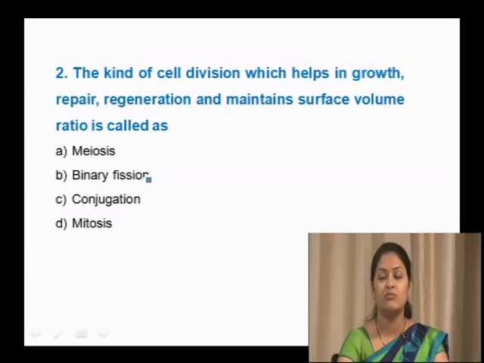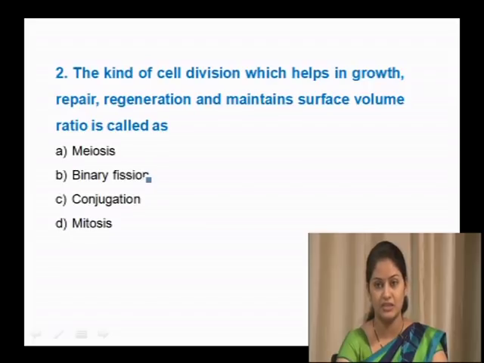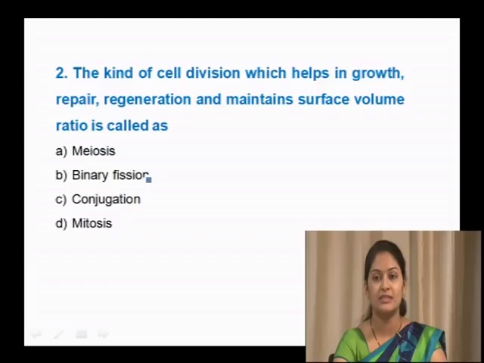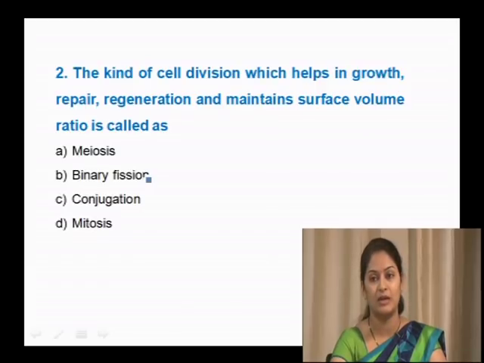Surface volume ratio has to be maintained because during S stage of interphase, the amount of DNA has doubled, which has increased the size of the nucleus, and the increasing size of the nucleus has put pressure on the cytoplasm, therefore on the plasma membrane, and it is pushing them to expand.